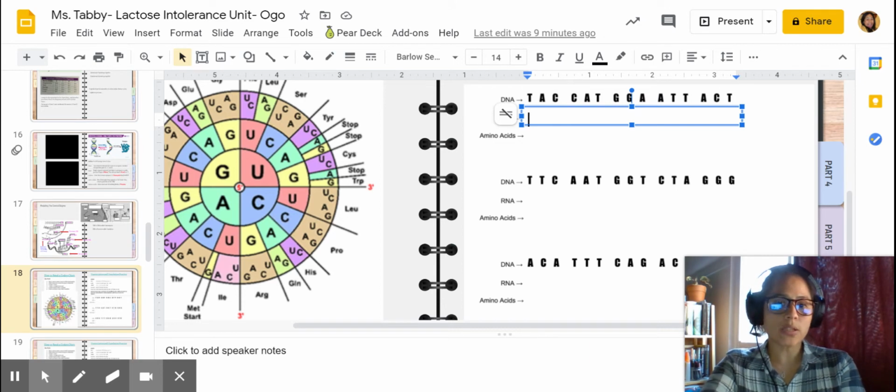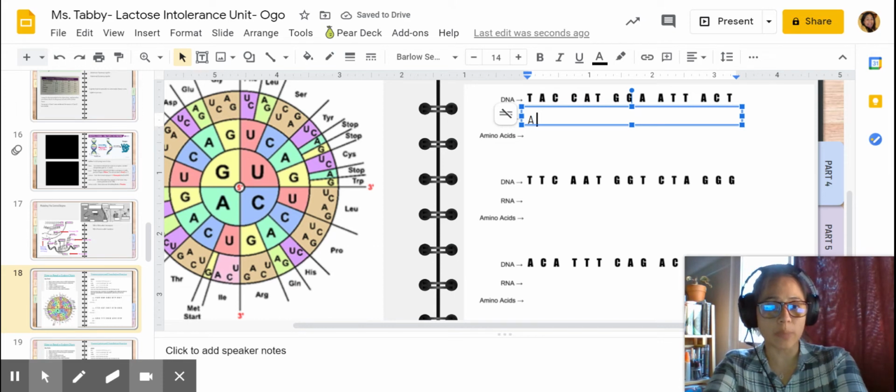In this case, we discussed that when transcribing, T goes with A, A goes with not T, but U, and C goes with G. We can move on. C goes with G, A goes with U, and T goes with A. And we'll keep going.